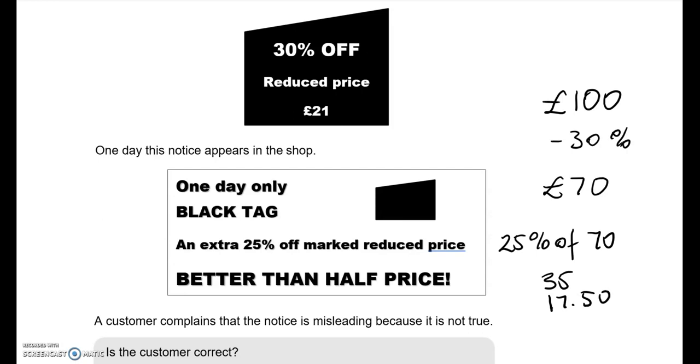So taking that away from 70 leaves us with £52.50. Okay, so is this better than half price? No, it's not, because otherwise you'd have been less than £50. So the customer is correct.